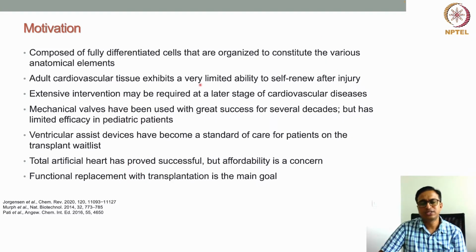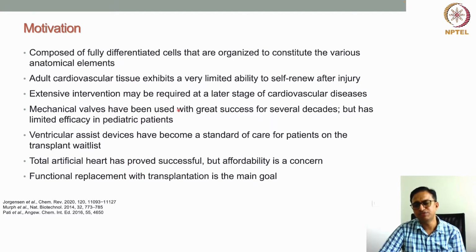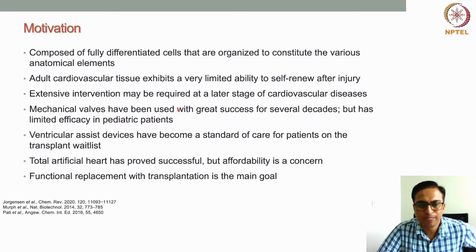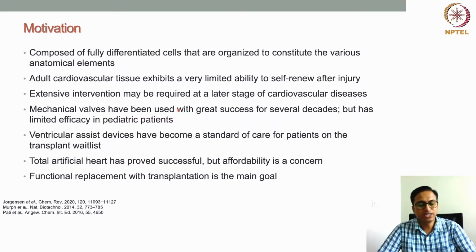But the most important thing to understand here is that cardiovascular tissue exhibits very limited ability to self-renew after injury. If any kind of defect or disease arises in the heart tissue due to disease or injury, in the case of the adult population, that is very difficult to regenerate, right?